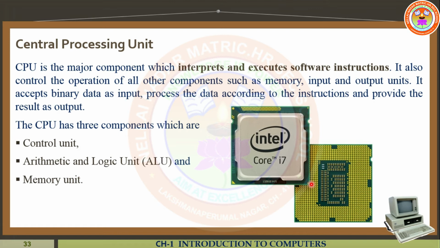Inside the CPU, we additionally have three different types of components. Number one, control unit. Number two, arithmetic and logic unit, which we simply call ALU. And number three, memory unit. These are the three important components in the CPU. The CPU accepts binary data as input.